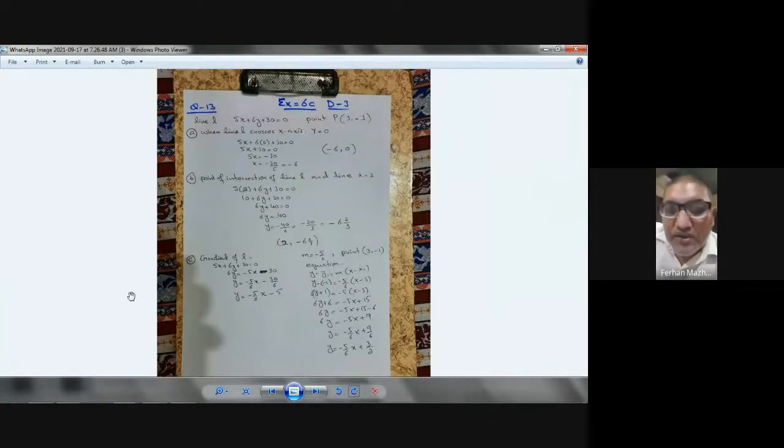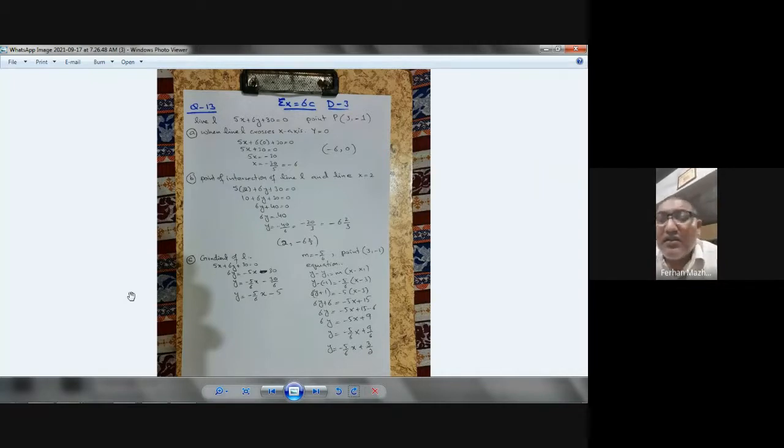If you want to see it again, okay. So the next question coming up on your screen is question number 13. It says, the line L has equation 5x plus 6y plus 30 equals 0.